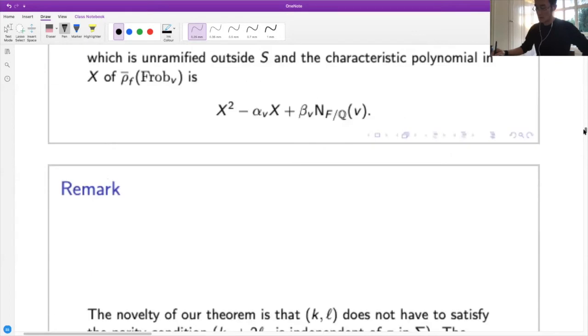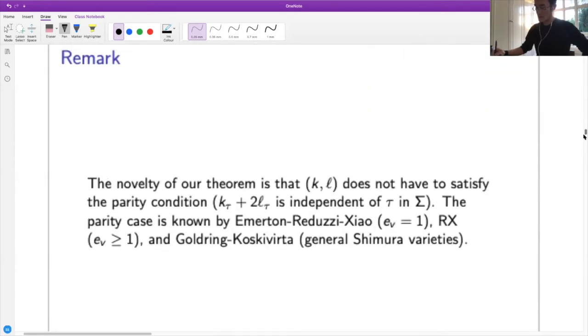Okay, so I should make a remark. The novelty of this theorem is that this pair of d-tuples of integers k and l does not have to satisfy the parallel condition.